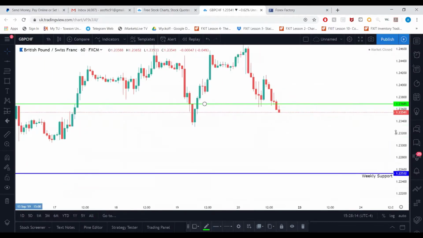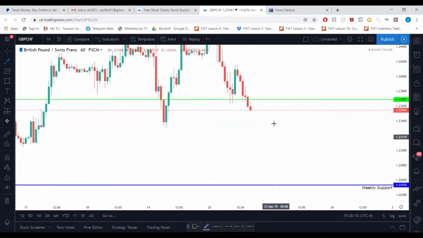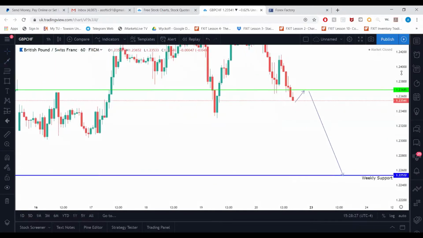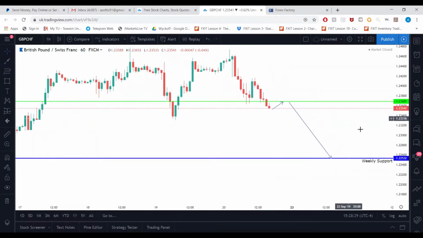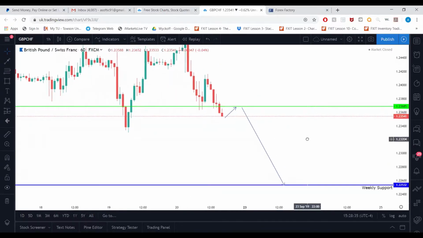So this could be something to enter if we get this retest and then continue selling it back down. So I like this, but not ready to enter, right? Because it's already making a move and it's bearish momentum.